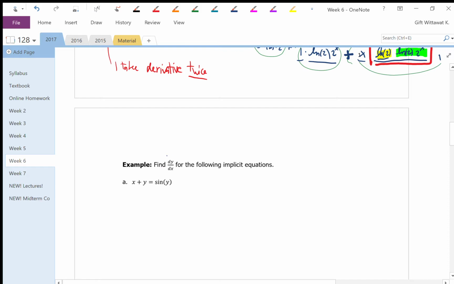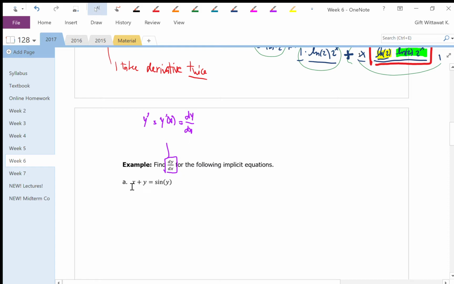So basically, the notation dy by dx is the same as y prime, the same as y prime of x. So these all refer to the derivative, by the way. But the notation dy by dx is going to be more convenient to use, so that's why we use this one for now.